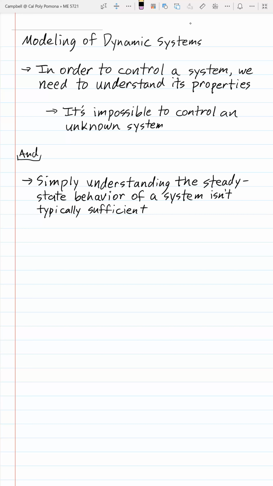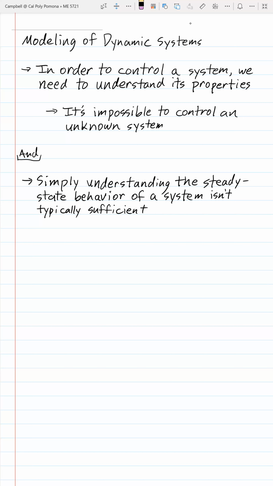We need systems that will respond quickly, which means that they're still in the transient, how the response is evolving over time, i.e. the transient response. So they're still in that transient phase, and then we may have another change to the input.